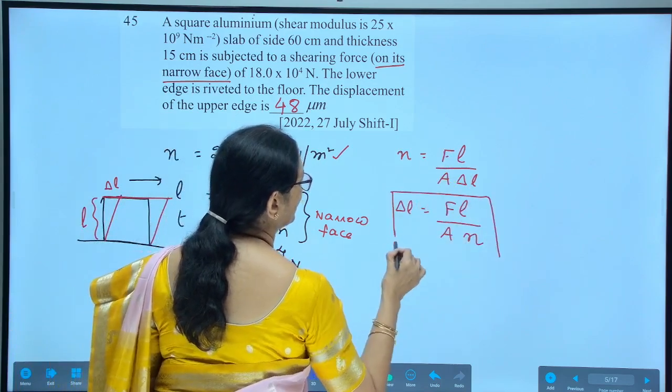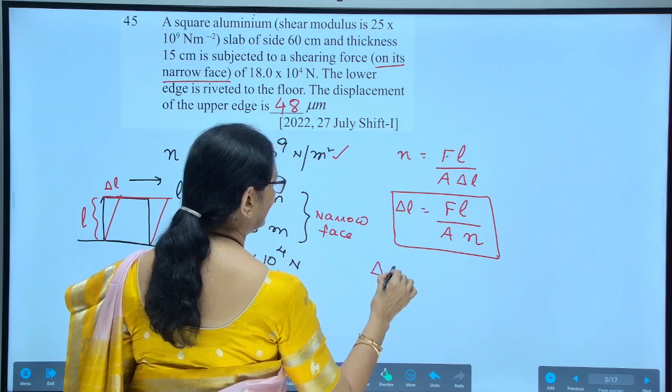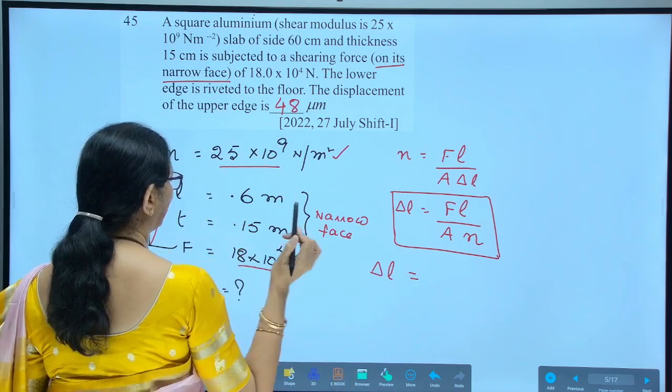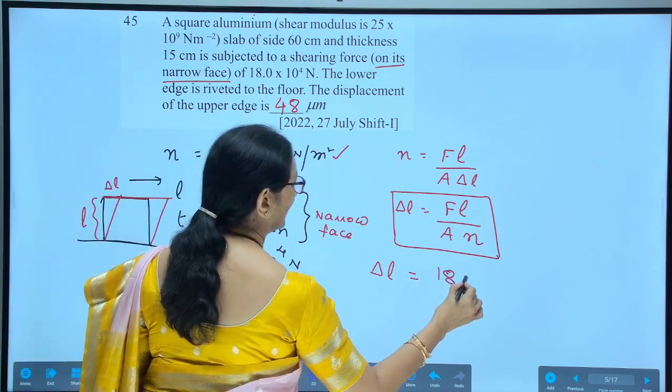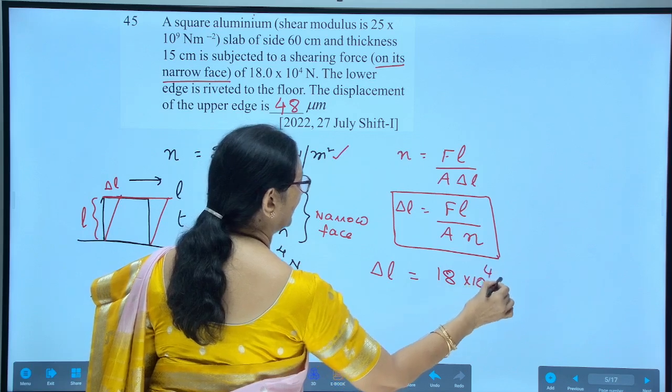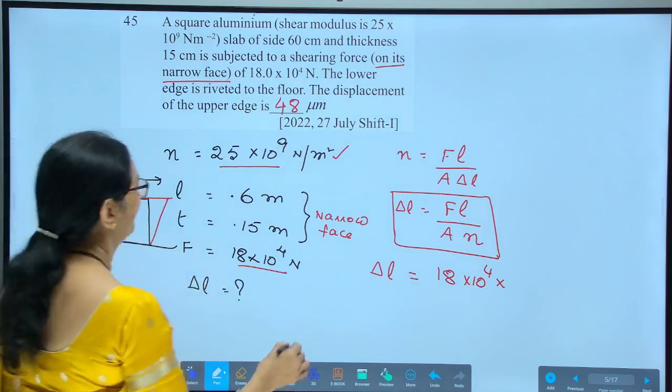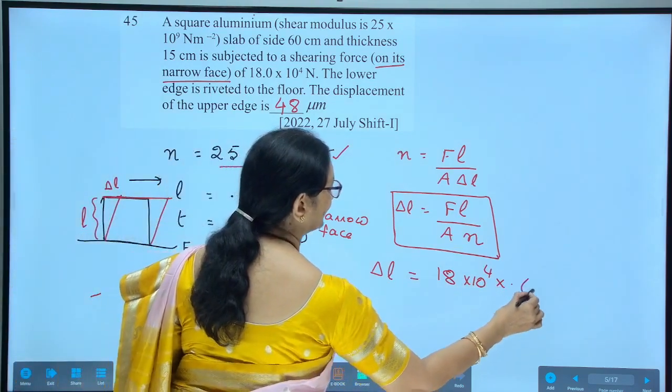Just substitute the data given. Delta L is equal to shearing force applied, 18 into 10 to the power of 4. Length, the distance between the two surfaces, is L, that is 0.6.